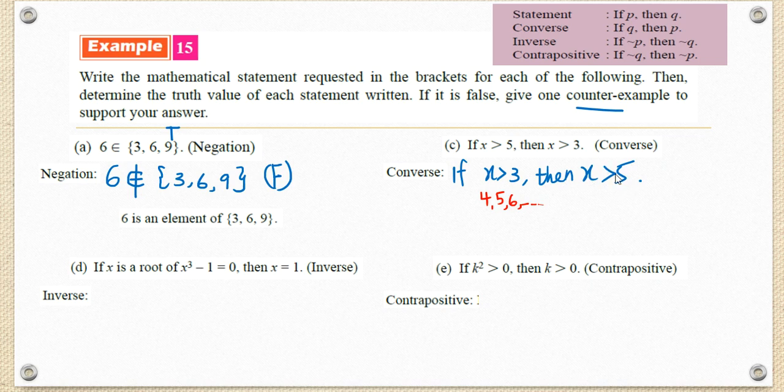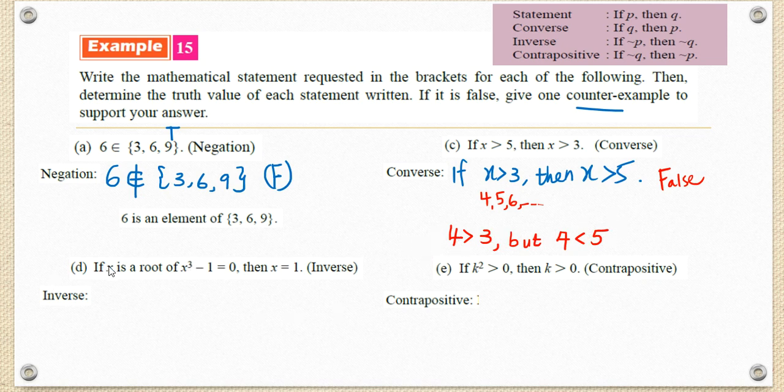Then x will be more than 5, correct or not? It's not correct, isn't it? Because x can be 4. 4 is less than 5. So this will become a false statement. False statement because why? Because you can show example: 4 is more than 3, but 4 is less than 5. This is an example.